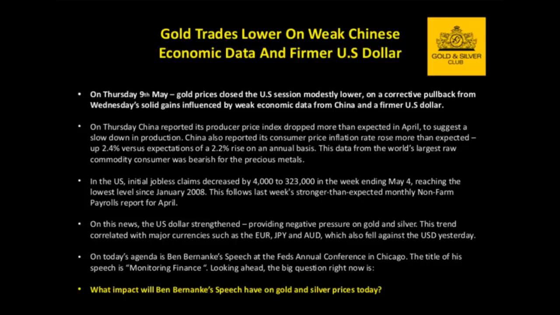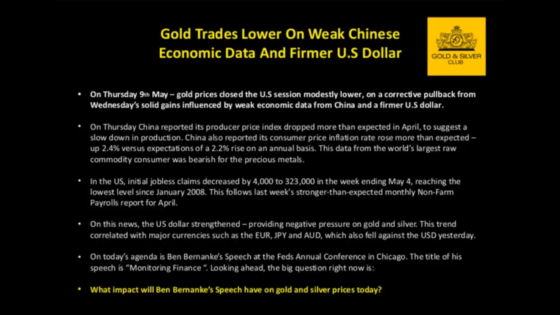In the US, initial jobless claims decreased by 4,000 to 323,000 in the week ending May the 4th, reaching the lowest level since January 2008, and that follows last week's stronger than expected monthly non-farm payroll reports for April.